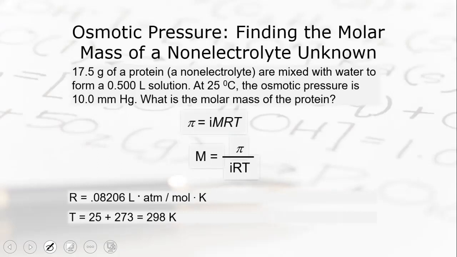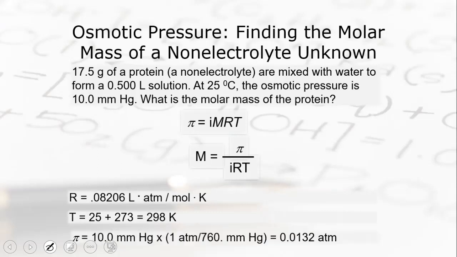And pi is 10 millimeters of mercury, but since R is in atmospheres, we have to convert that to atmospheres, which gives us 0.0132 atmospheres. A lot of this is basically bookkeeping to make sure that we have everything in the proper units. The presence of R forces us to change other units into atmospheres and Kelvin.